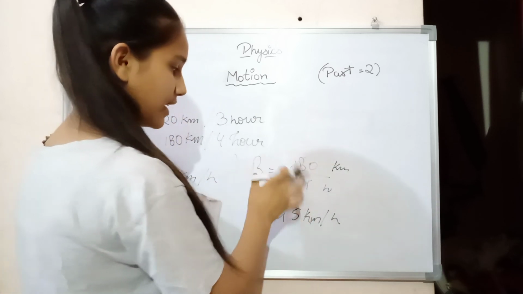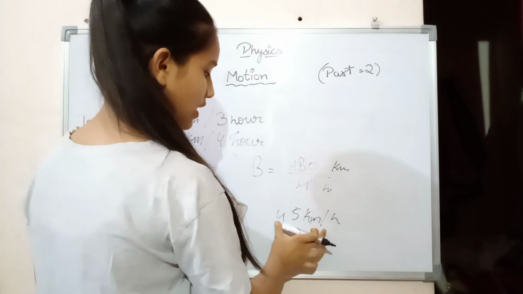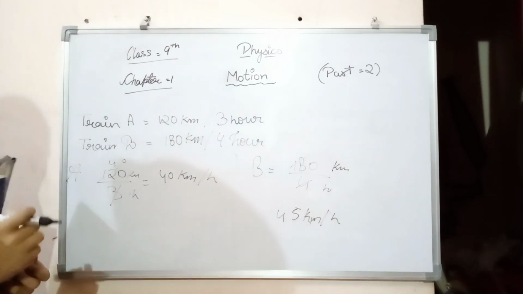When we divide 180 by 4, we get 45 kilometers per hour.